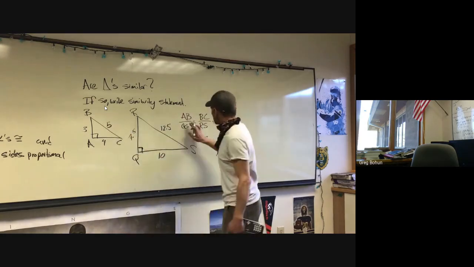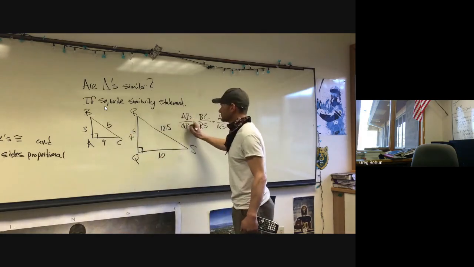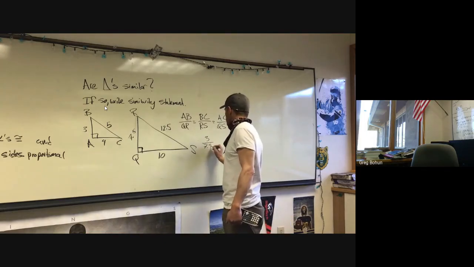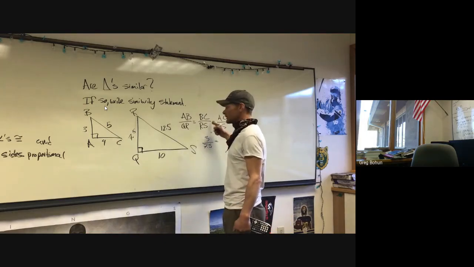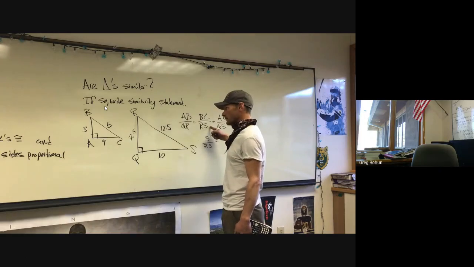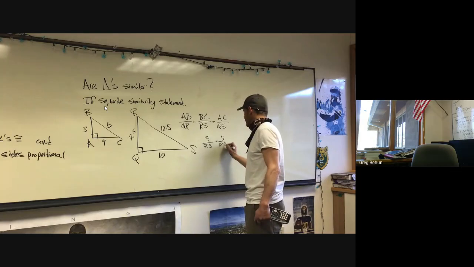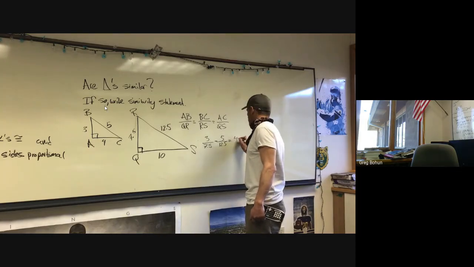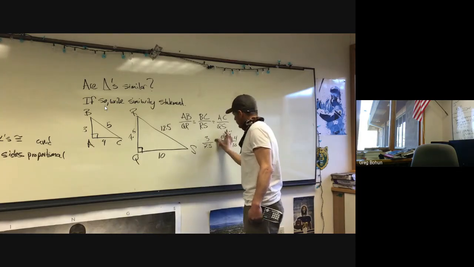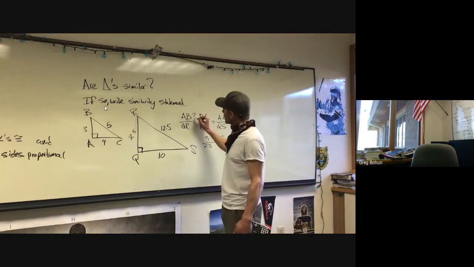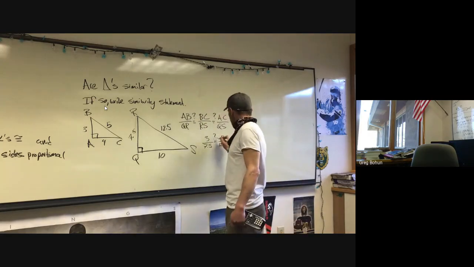AB is to QR, 3 is to 7.5, as BC, 5 is to RS, as 5 is to 12.5, and as 4 is to 10. I really shouldn't perhaps have made equal signs here. I really am trying to verify this. I don't know if this is the case yet.